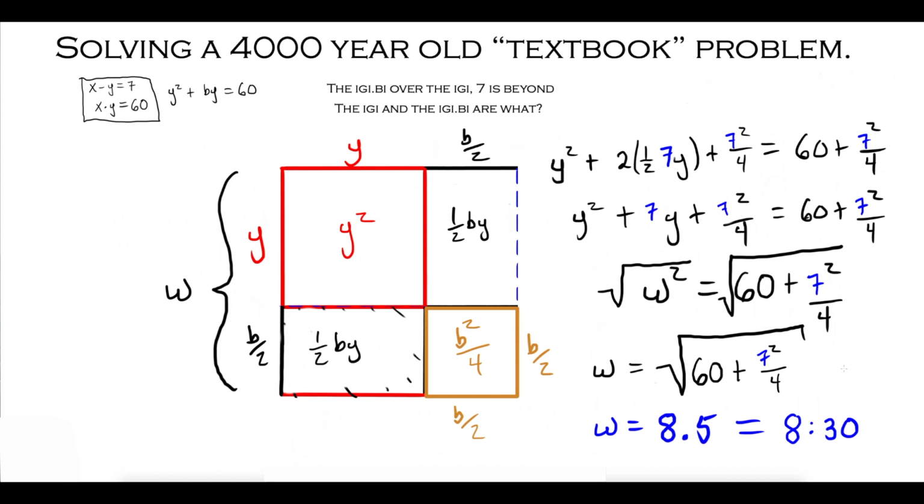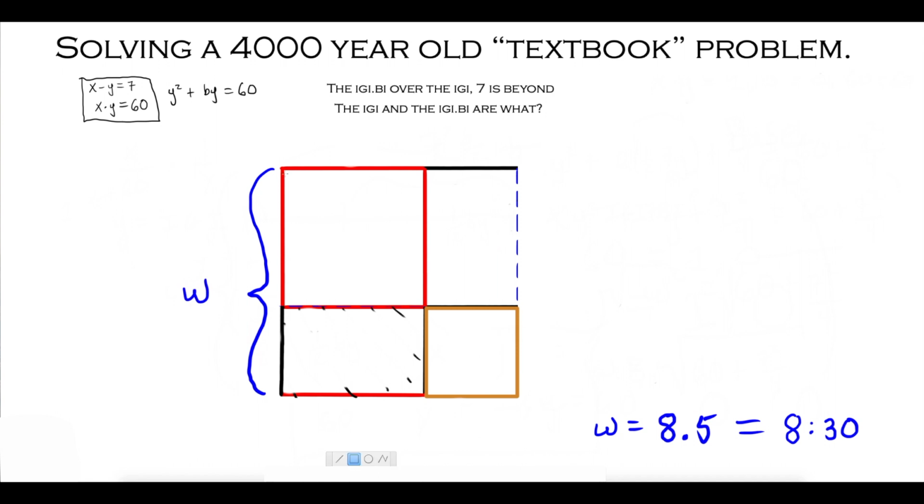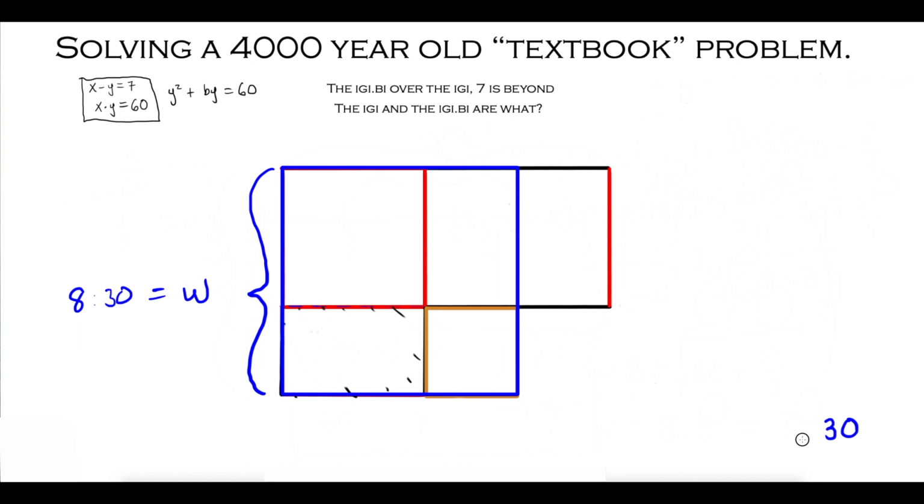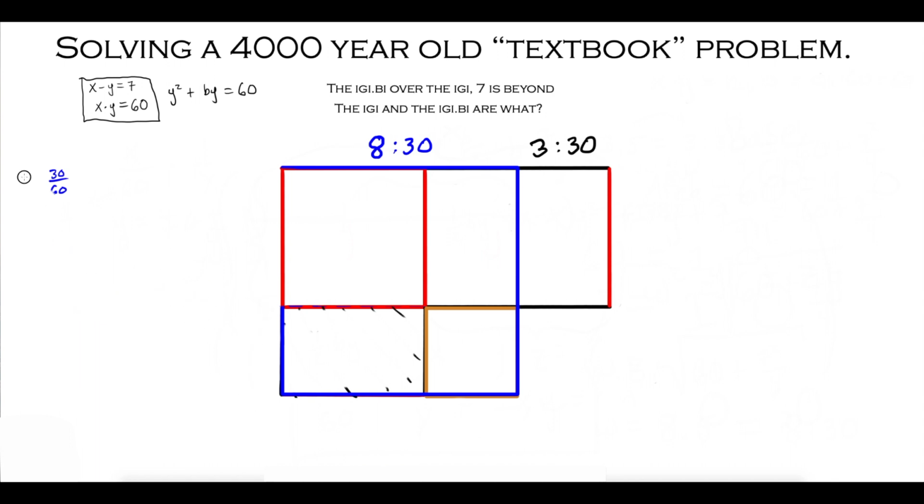If we clean this up so we can have some more room. So then we can say that the length, w, equals 8 wholes and a half, or 30 over 60. The remaining is 7, so its half is 3 and 30. So we see then that the EG is w minus the remaining half, 3 30, or y equals 8 30 minus 3 30.